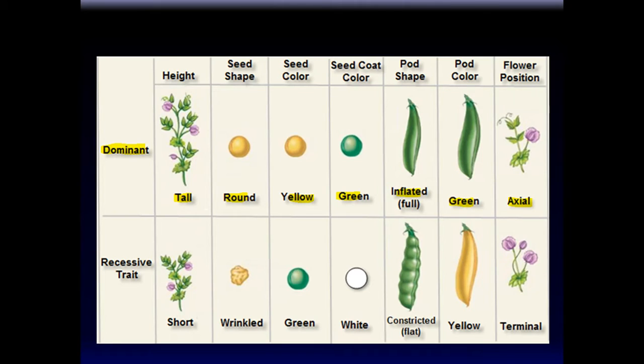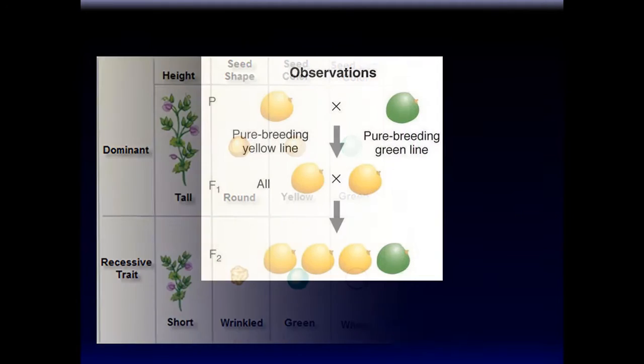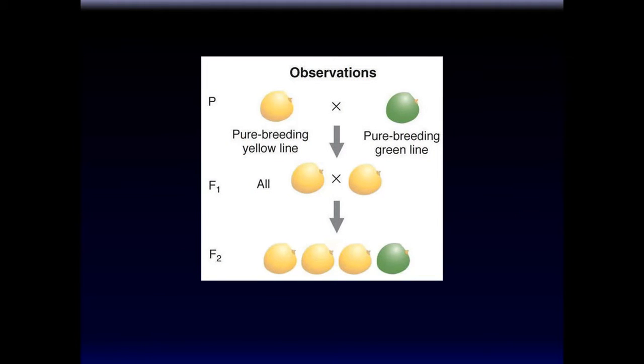So he studied all of these 7 traits, and he noted the same genetic principles derived from them. It all started with the observation that if you take a yellow and a green pea pod, in the first filial generation all will be yellow, and in the second filial generation 1/4 will be green, as you have noticed before.